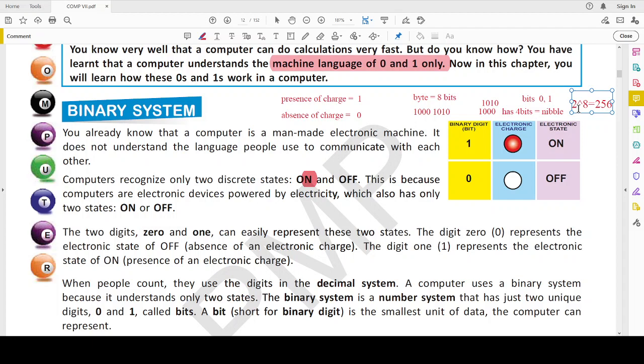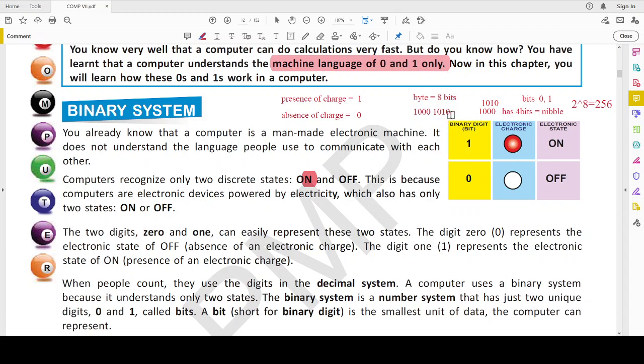2 is because the base of the number system is 2, and the length of a byte is 8 bits. So there are 8 different positions in the number. For each position, how many different combinations can there be? 2.